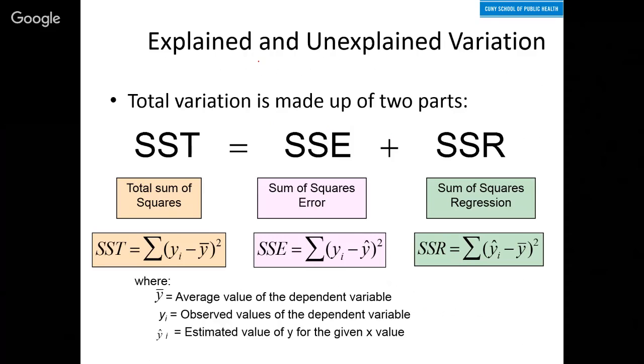This is a fairly fundamental equation in that this is the basis for analysis of variance as well as for correlations: breaking up your total variation into explained and residual or error components.